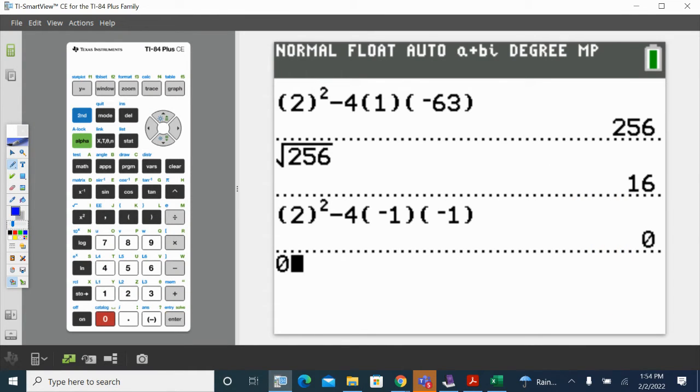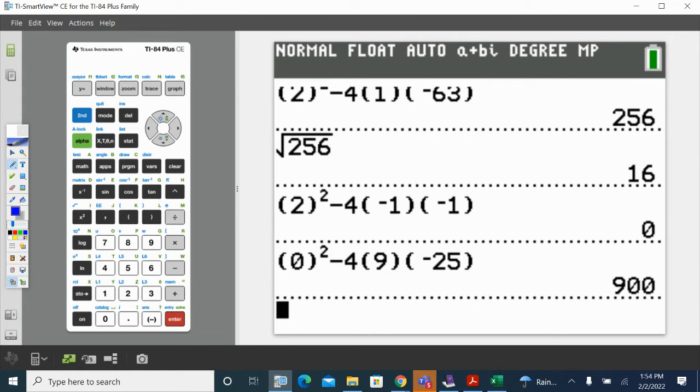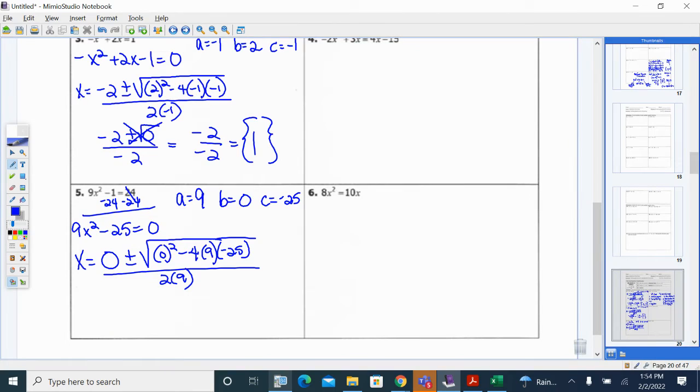And I'm going to go ahead and do it because I know y'all will. 0 squared minus 4 times a times c, which gives us 900. So I have 0 plus or minus the square root of 900 all over 2 times 9 is 18.